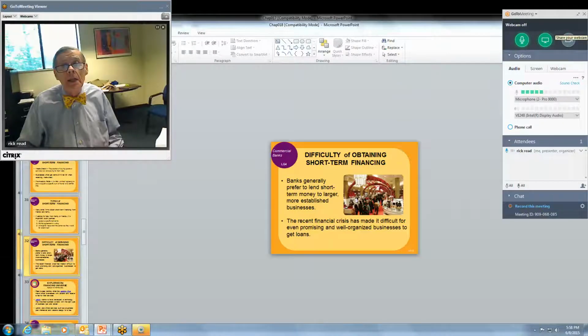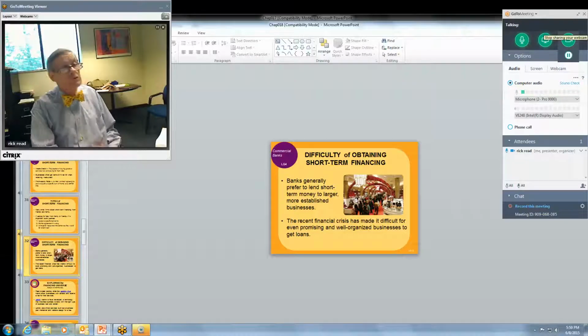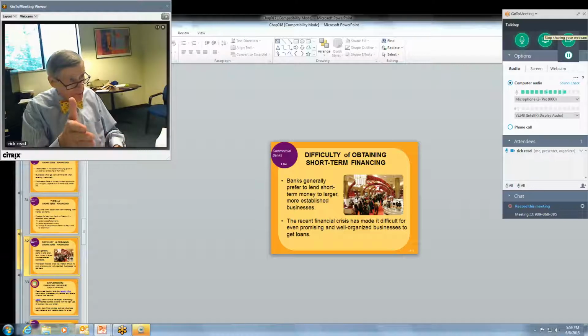Now, there are difficulties in getting short-term financing, and it's usually very difficult for most small businesses to do that. And that's what the first bullet says. Banks would rather do business with a firm that has a history, that they know does well, that they don't have to worry that their loan is going to be compromised, and they have reasonable insurance that they're going to get their money back, plus the interest.